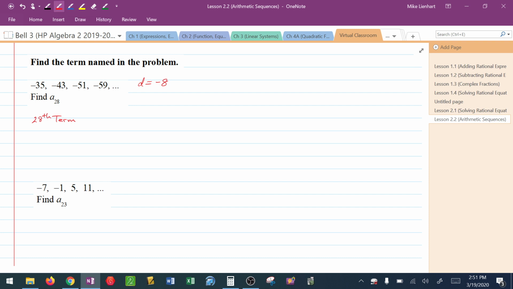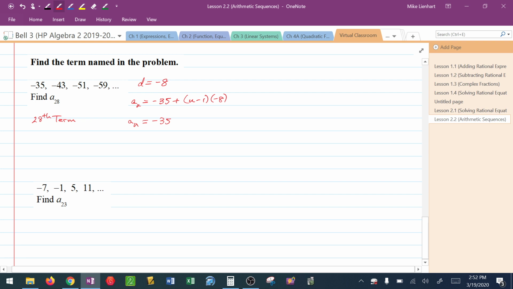This allows me to write an equation for this, which would be a sub n is equal to negative 35 plus n minus 1 times negative 8. And then I prefer to clean it up. You could skip the cleanup step. I prefer not to.